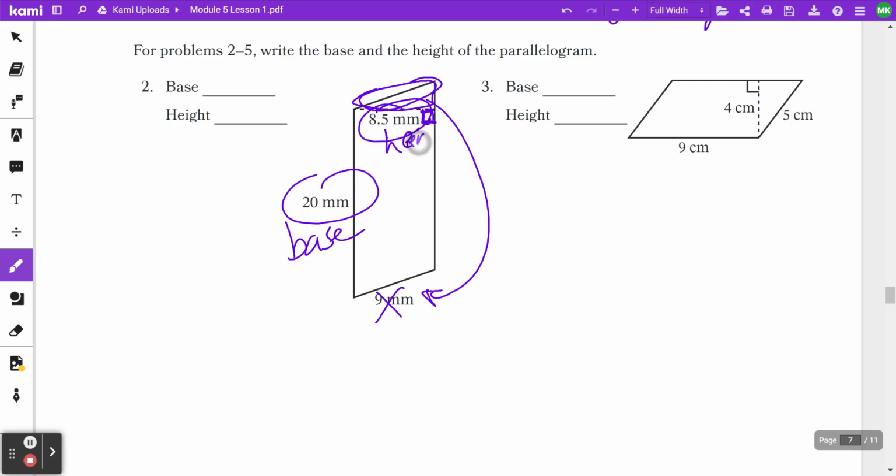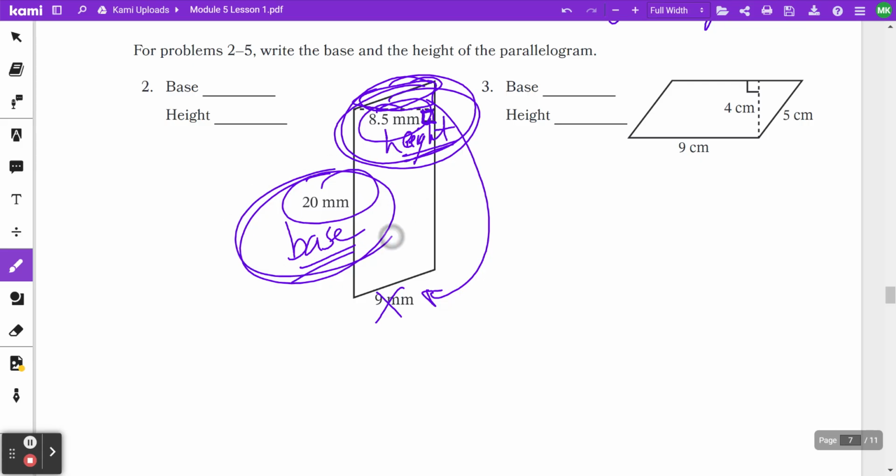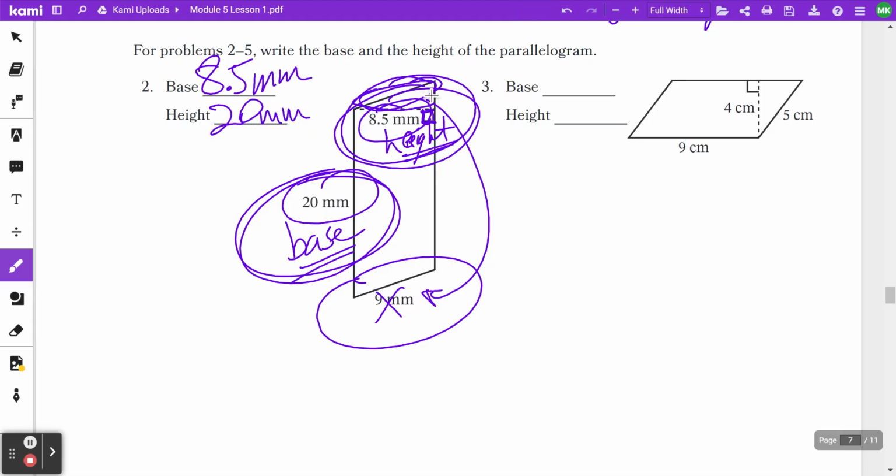The base could be either the 20 or the 9. You can switch them around. It doesn't matter. If you want this one to be the base and this one to be the height, that's fine. The point is you can't use that other side. So there's a 9 millimeter there and a 20 millimeter there, and we're good to go.